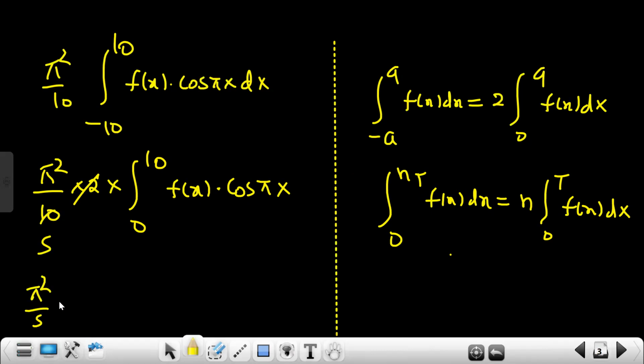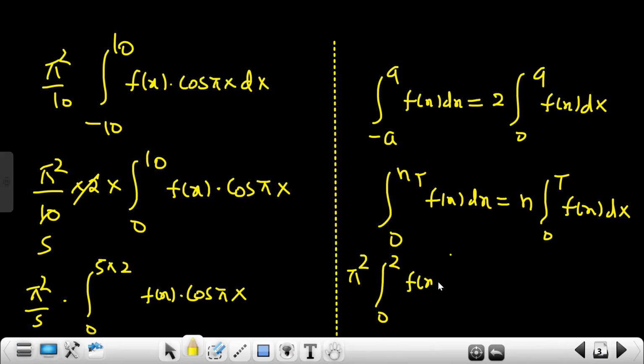So we can rewrite it as 5 times the integral from 0 to 2 of f(x) cos(pi x). So pi and 5 would get cancelled. So we are left with the integral from 0 to 2 of f(x) cos(pi x) dx. So now our motive is to find the value of this integral.